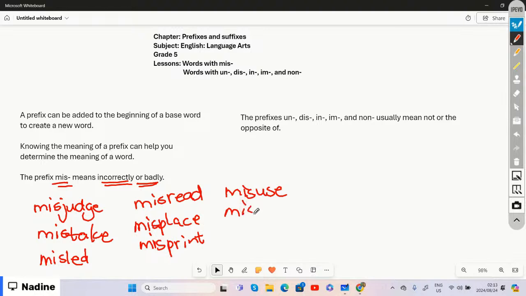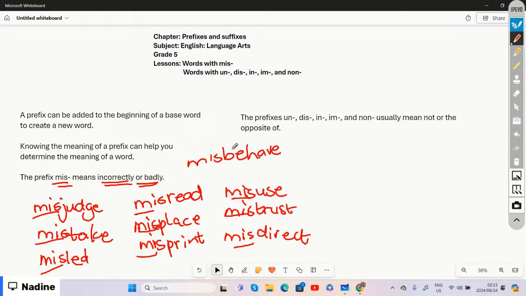Mistrust, I do not trust you, because you broke our trust. And misdirect. These are words with the prefix mis, and the prefix mis either means incorrectly or it means badly. Even if you look at the word misbehave, misunderstanding.